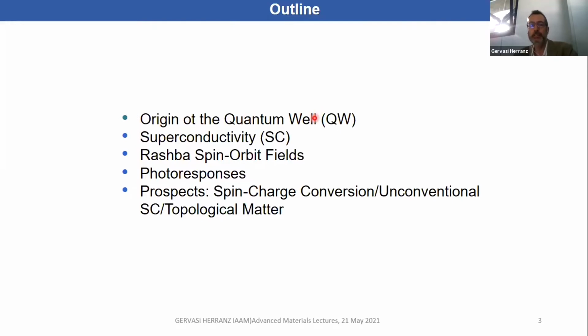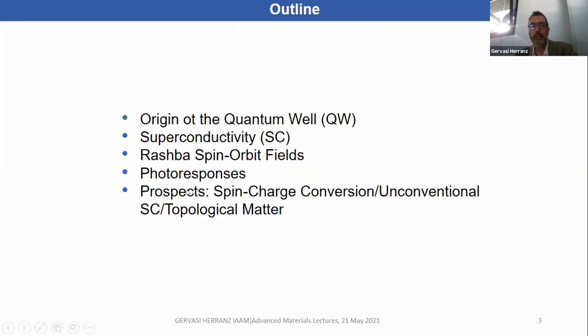And also the different interesting aspects of these quantum wells, because they have a combination of properties that make them interesting for several fields in fundamental research, but also potential in applications. It includes superconductivity, which has a two-dimensional character, Rashba spin orbit fields, some unusual photoresponses, and I would like to end up with a little bit of prospects in a very brief manner.